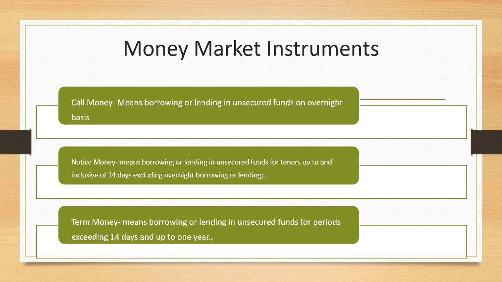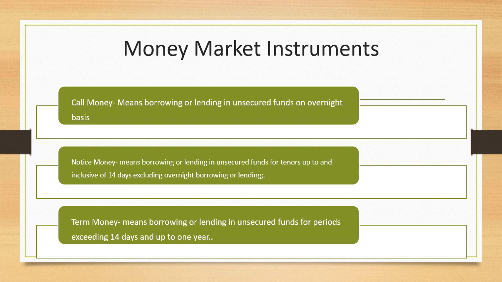Then you have notice money, which means borrowing or lending in unsecured funds for a tenure up to and inclusive of 14 days, excluding overnight borrowing or lending. What does this mean? This simply means that here you are going to borrow or lend for more than 1 day up to 14 days.